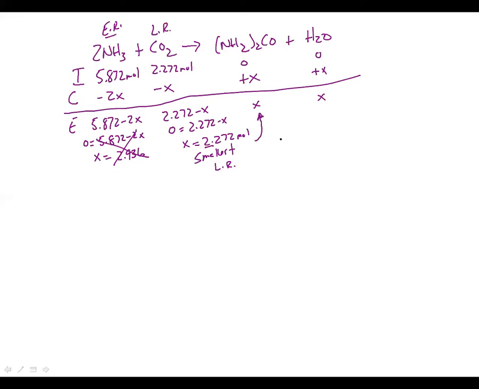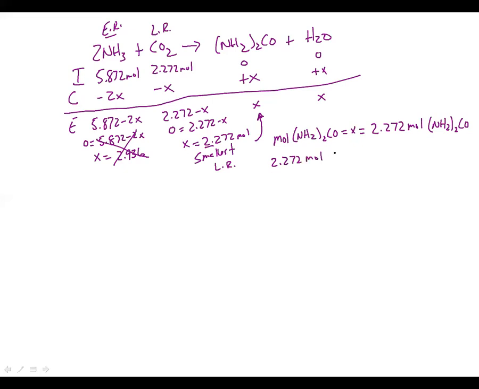And we know that the moles of our product here equals x, which would equal 2.272 moles of our product. We then would want the moles of our product converted into grams because our actual yield is in grams.